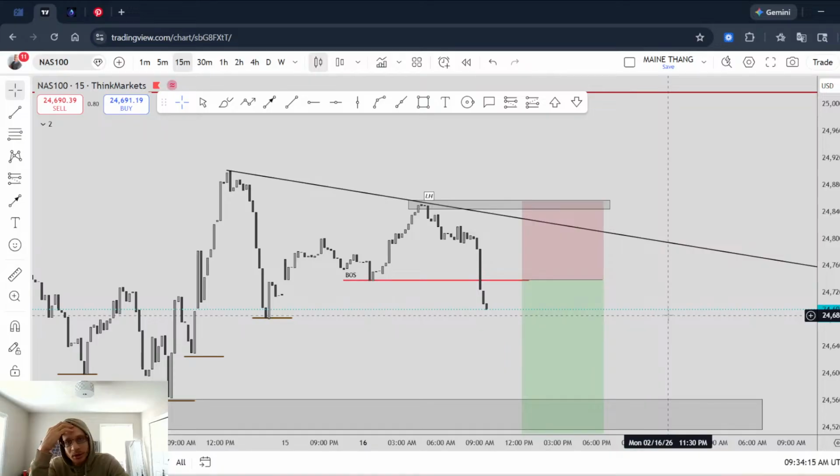So if it goes without us, then it's just not our setup. We have all week to look for a setup. Not rushing it. It's a good observation regardless. Practice, tape reading, actual price action.